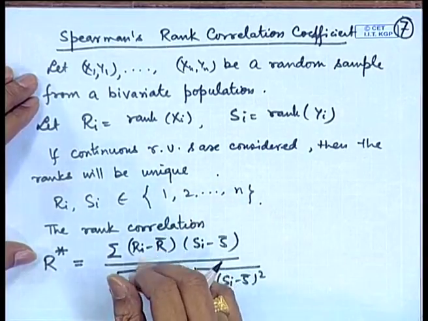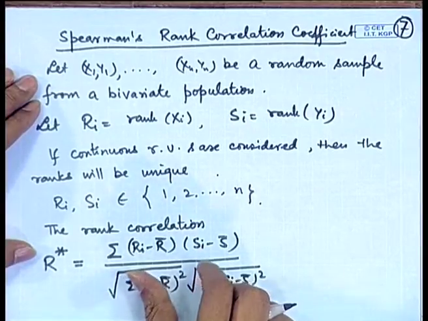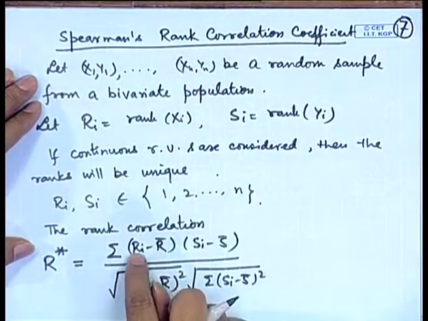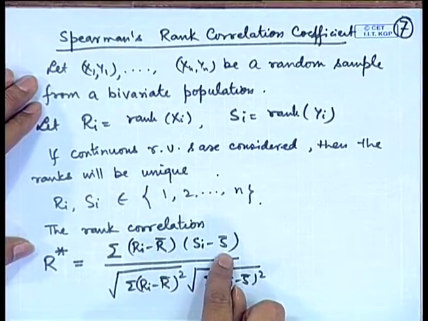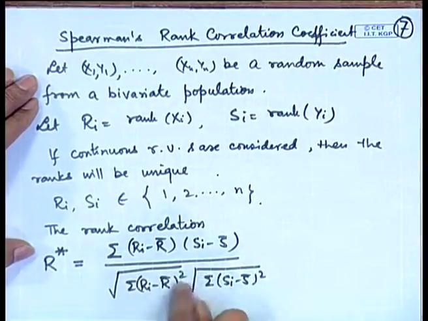So, basically what we are doing, in place of xi and yi's we are using Ri's and Si's. So, from the same set of data, in place of using the numerical measurements corresponding to x and y random variables, now we are making use of their ranks.